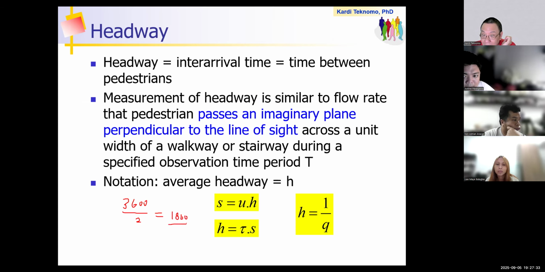This is normally the capacity per lane. So the typical headway is around 2 seconds.